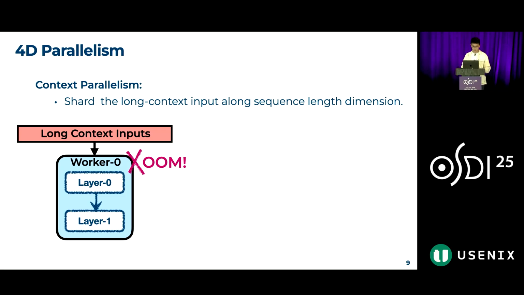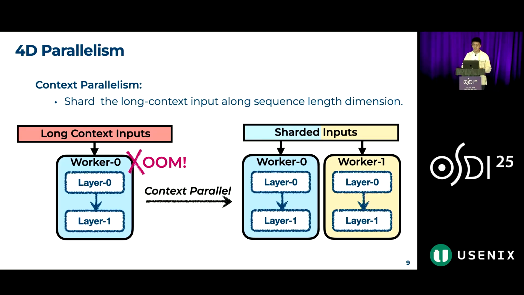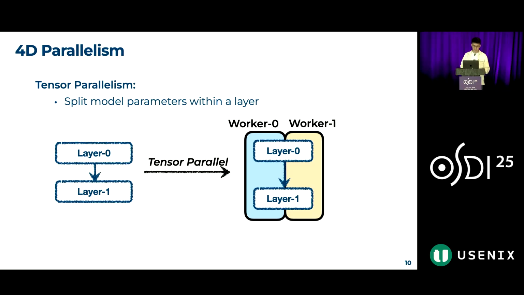When the context window grows longer, the activation size also increases proportionally and could exceed the memory capacity of a single worker. To overcome this challenge, the input is sharded and distributed to different workers along the sequence length dimension. So the activation size on each worker can be reduced. And lastly, tensor parallelism splits the model parameters within a layer and distributes the parameters to different workers.